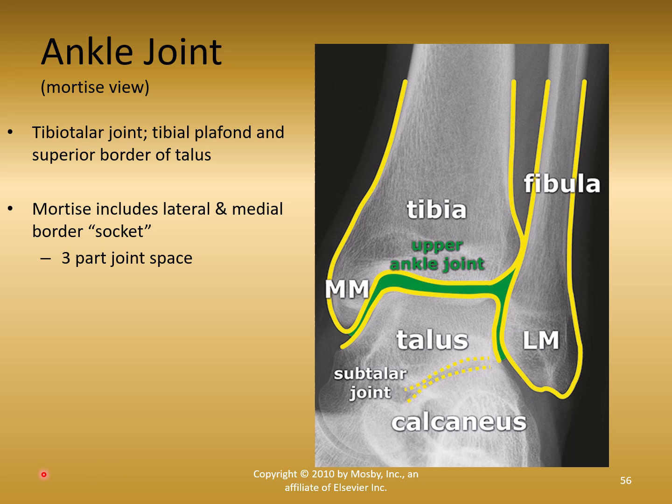That proves to me that they rotated that patient's foot so that the intermalleolar line was parallel to the IR. And I can identify this as a Mortise view because I can see the open joint space from the medial side of the talus, the top of the talus, and the lateral side of the talus. There's no superimposition of the talus.